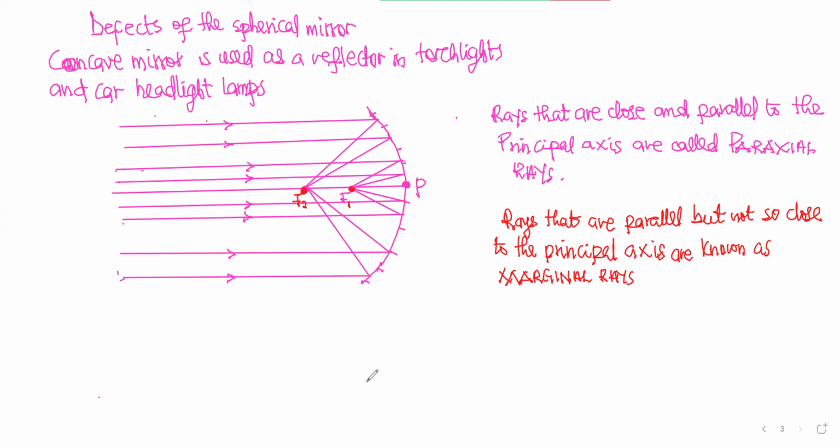So marginal rays are parallel, all right, but they are not so close to the principal axis. And as such, when they are incident on the mirror, it creates another principal focus. So if we have some rays very far and some rays very close, it creates double or two principal foci.